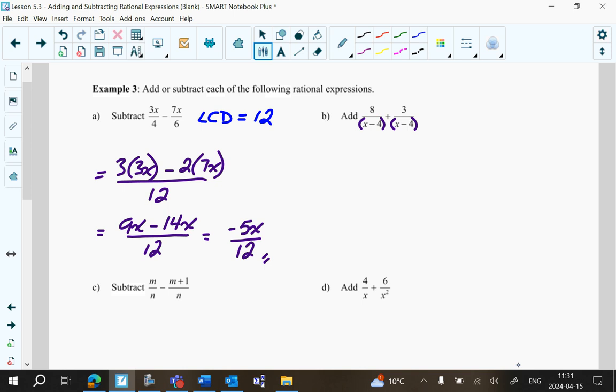Well, what's the lowest common denominator of x minus 4 and x minus 4? Don't overthink. X minus 4. They have the same denominators. So that means I can add the numerators.